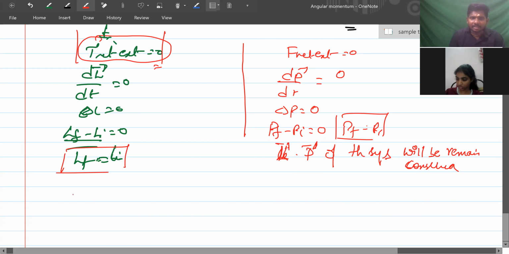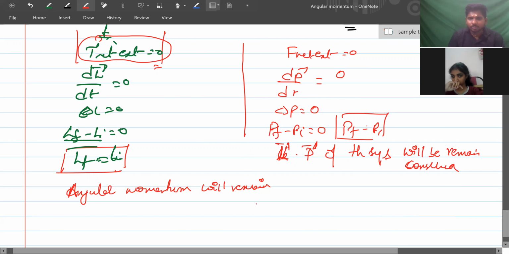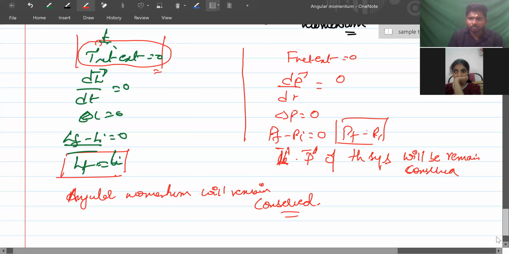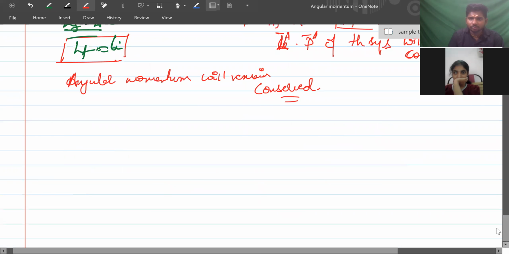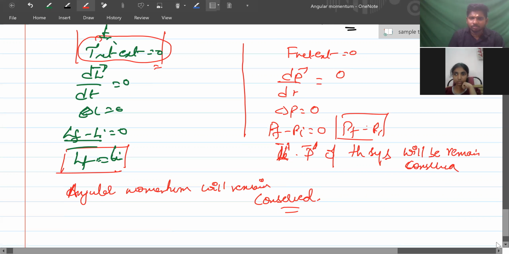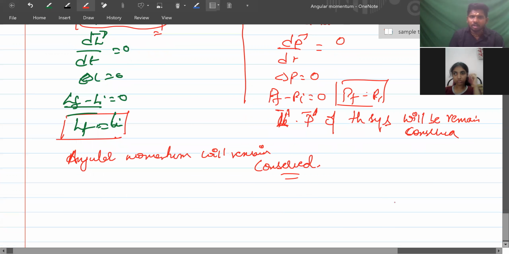So this angular momentum will remain conserved.